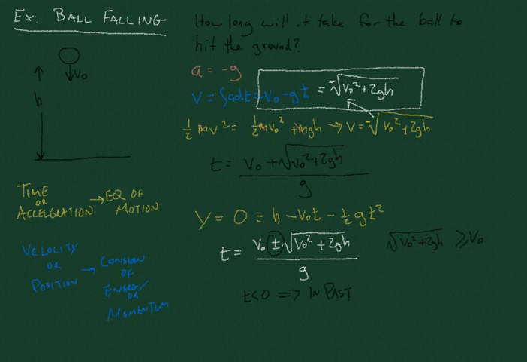We dropped it sometime earlier in the past, and that was the time that we solved for. So that's another way we could solve this problem. We could do it two different ways, and solving it both ways we get the same answer, which is exactly what we would want.